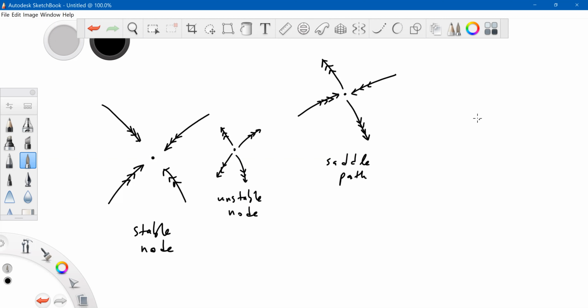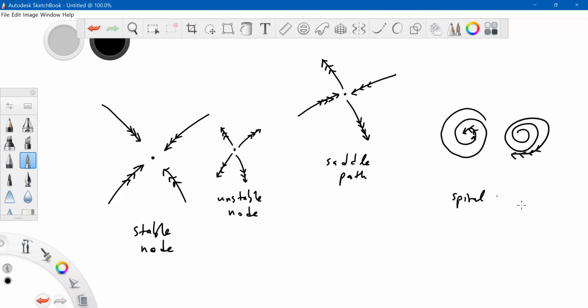You have something like this, or you have something like this. Now these are spirals. This is a stable spiral, right? And this is an unstable spiral.